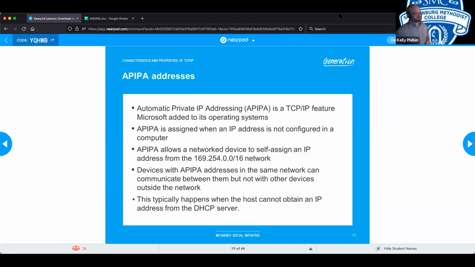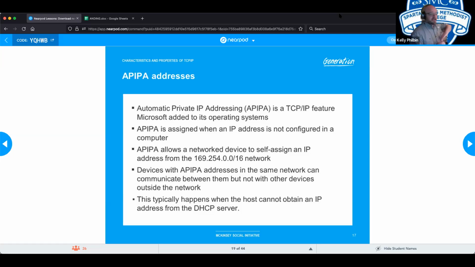It is a feature of the TCP/IP protocol that Microsoft added to its operating systems that allows you, if you do not have communication with your DHCP server, to automatically assign an IP address to yourself so that you can still communicate to other computers on the same network.